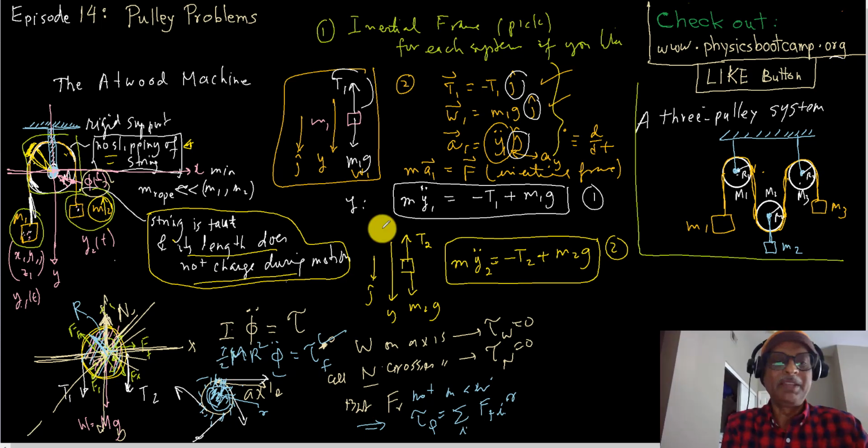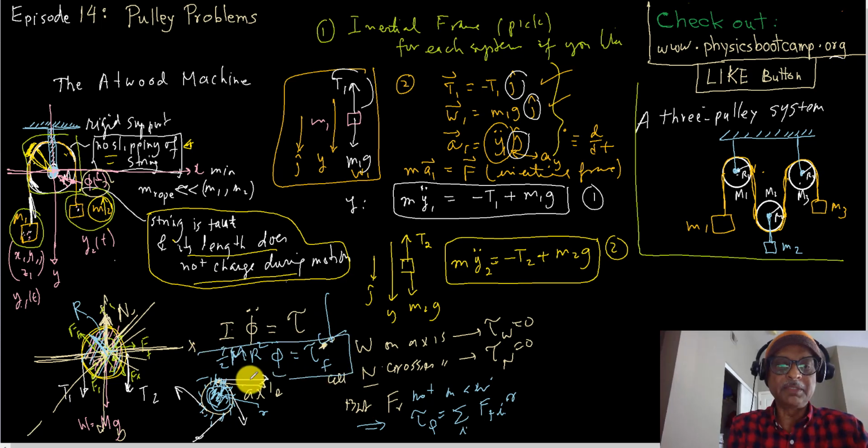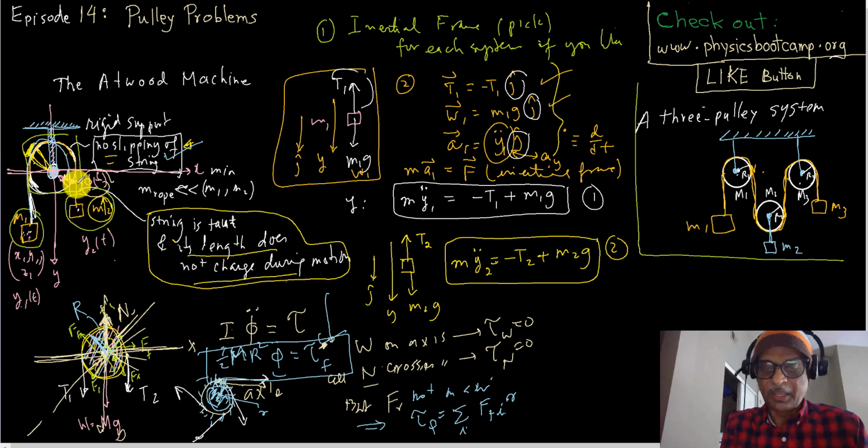Okay, I need to clean it up, and we have these three equations, but we're not done, because of no slipping and the length of the rope, these two constraints have to be taken into account, and they will give me two more equations.